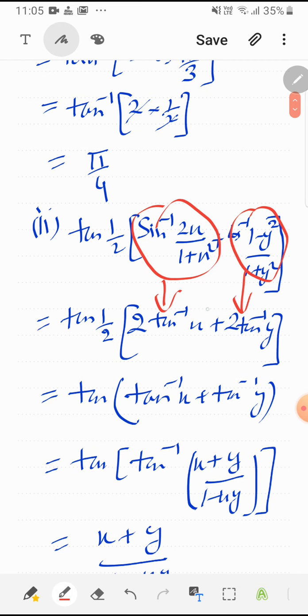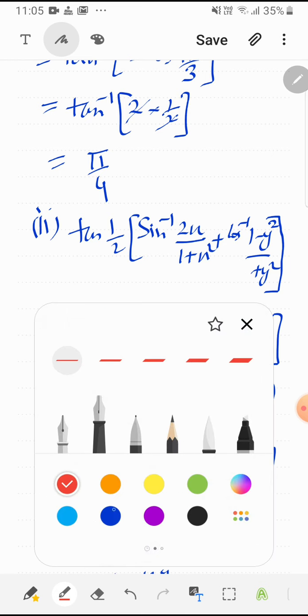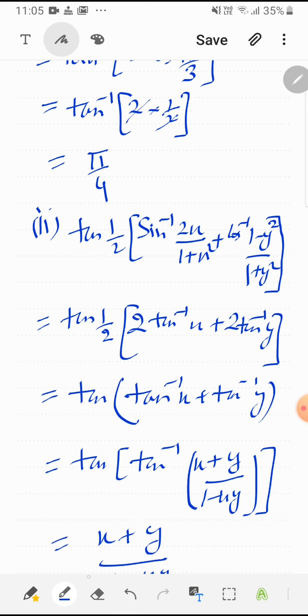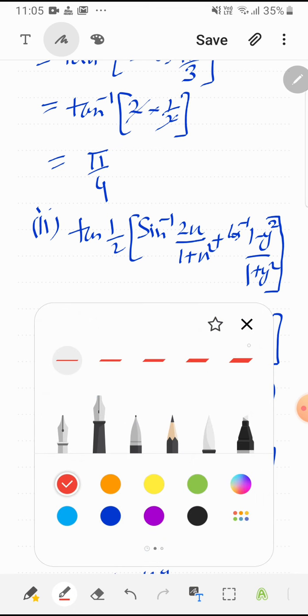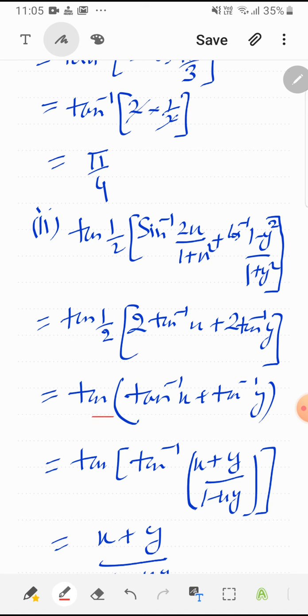Now 2 can be taken common and it will be cancelled with half, so we are left with tan inverse x plus tan inverse y.